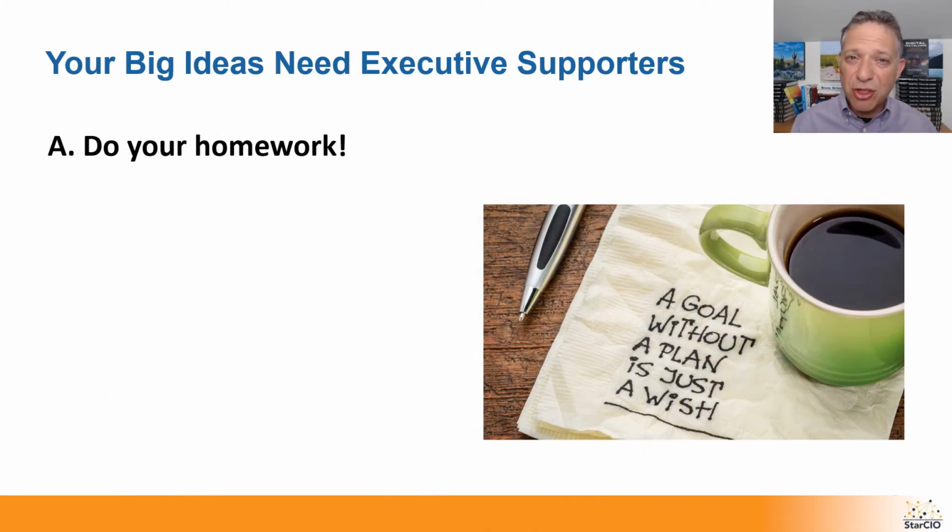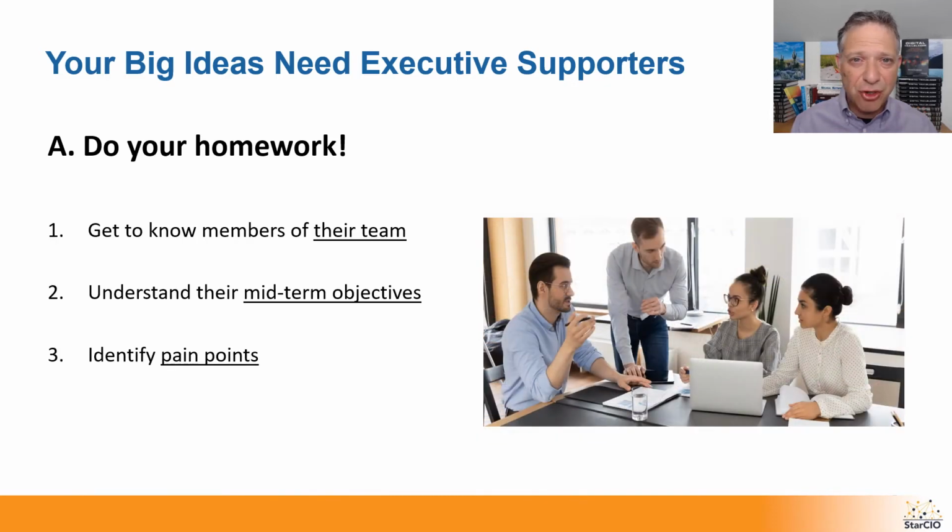I'm going to break the 12 steps into three major functions, and it starts with doing your homework. That means not going straight to the executive with your idea. You better meet with their lieutenants, with their teams, and understand what their objectives are, particularly their midterm objectives. Are they aligned with the programs that you're trying to bring to fruition, or are they after other objectives and goals and missions that you best align with?